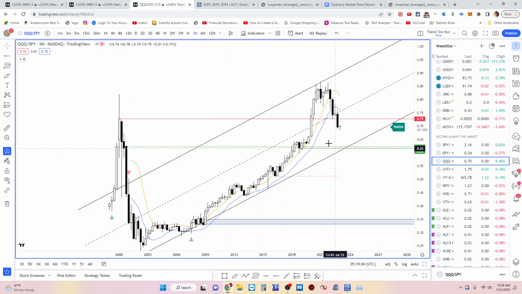And when I superimpose that on the quarterly, it happens to be at a really good bottom area for the moving average channel, ascending moving average channel bottom. And that's where I would buy quality. Right now I'm saying quality is still overpriced when compared to the S&P 500.